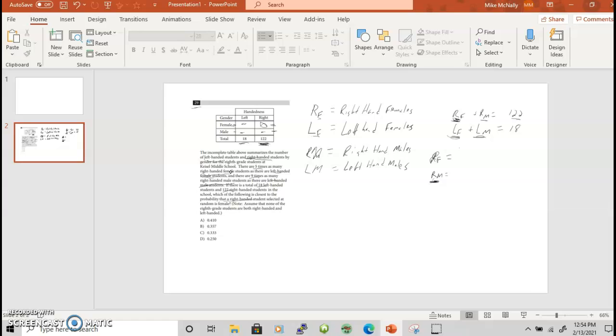If we take all the left-handed females and all the left-handed males, that adds up to 18. But we also know that the right-handed females are 5 times as much as the left-handed females. So RF equals 5 times LF. And the right-handed males are 9 times the left-handed males.